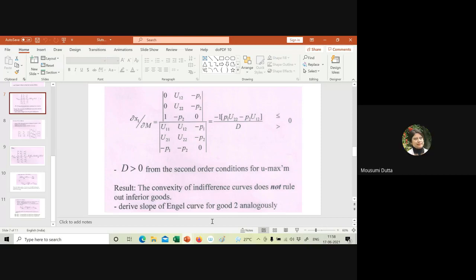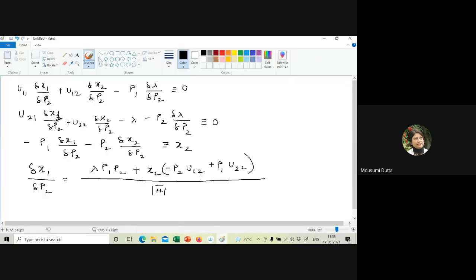So in this place please write down del x1 by del m. For the second part, I can split it into two parts: lambda p1 by p2 divided by H bar plus x2 into del x1 by del m.